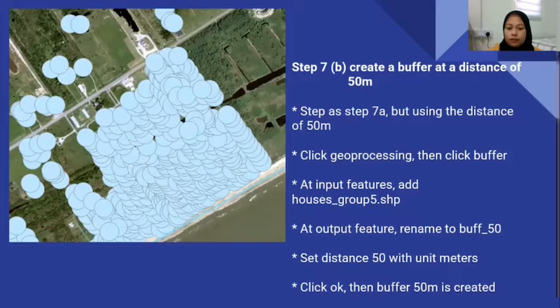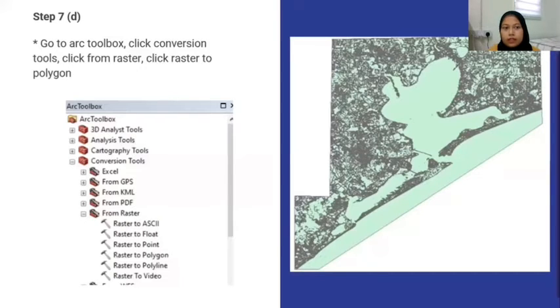Alright, for step 7C, we just look at the LULC final raster file from our folder to take note of the metadata. Then proceed with step 7D. In step 7D, we convert the LULC final layer into vector.